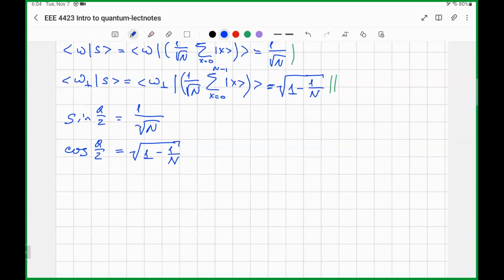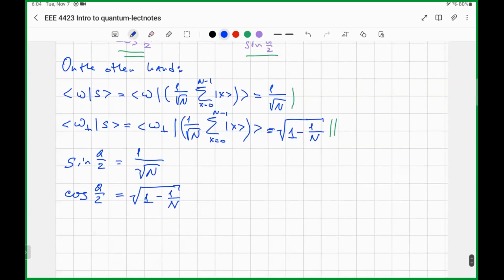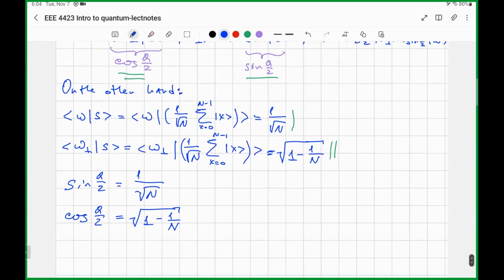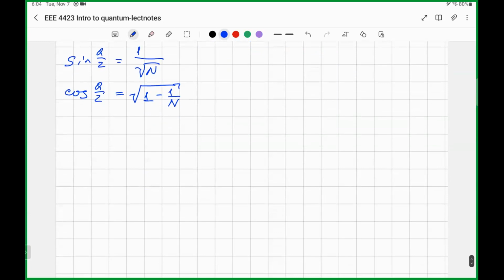So this is about the vectors and how these vectors and their projections depend on the number of qubits and the dimensionality of the Hilbert space. So now we need to discuss these operators US and U omega. So let's start from the operator US.